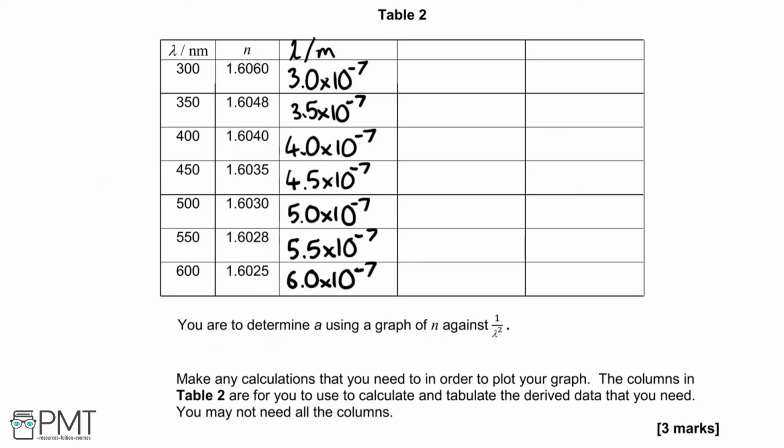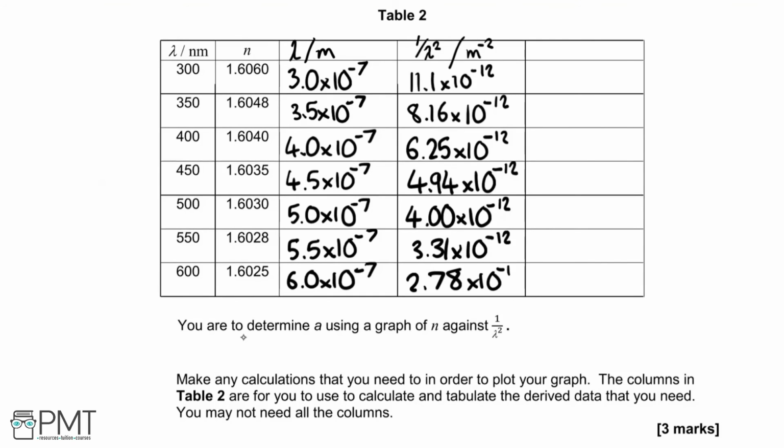And then once we've got those values of lambda, we can work out the values of 1 divided by lambda squared. Now you'll notice that I've put times 10 to the minus 12 in all of those cells in that table. You could, in theory, just put times 10 to the minus 12 meters to the minus 2 in the heading, and just put the front coefficients of the standard form in the table, but it's just a time-saving measure.